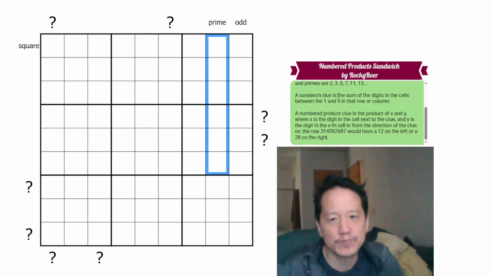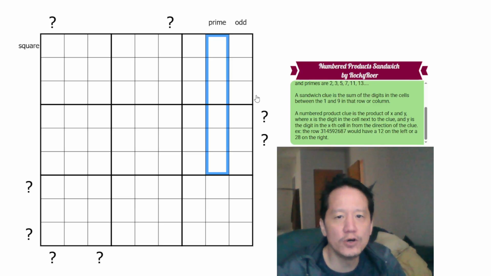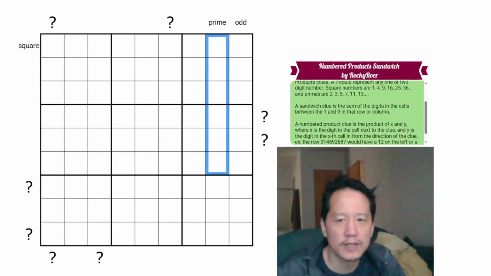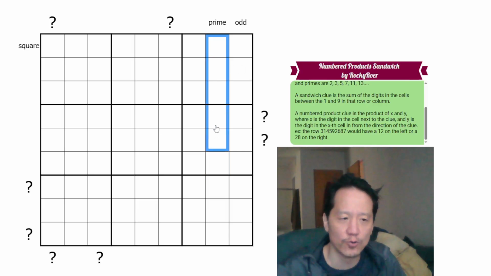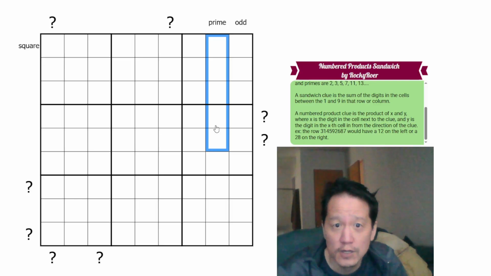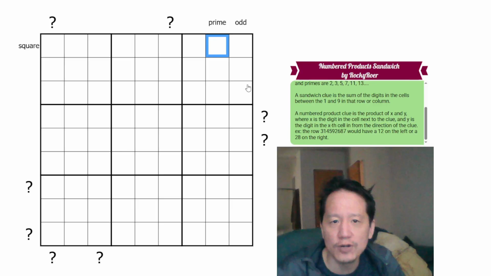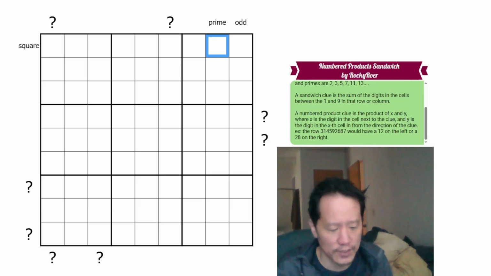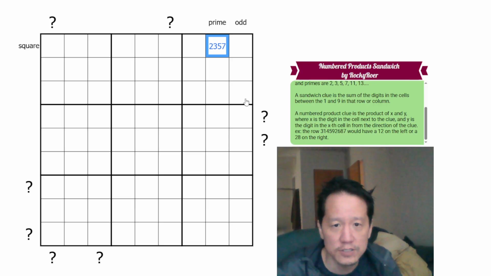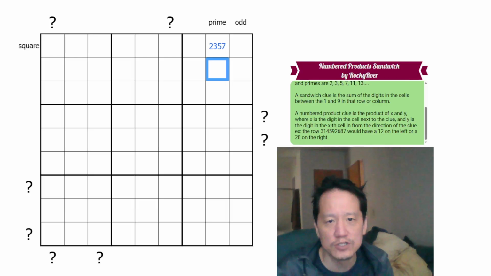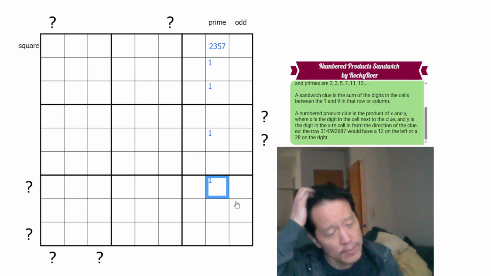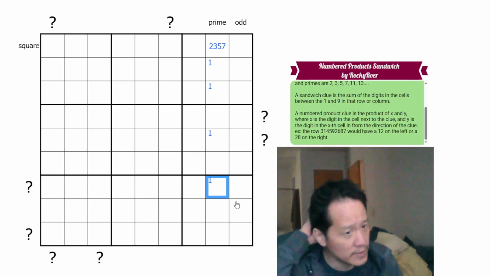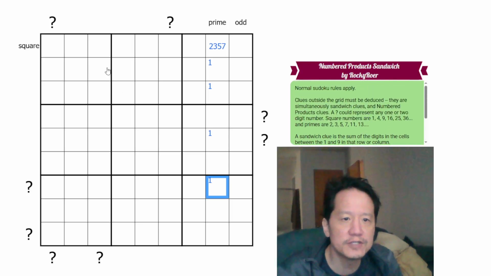Because it's prime, there's no other way to get a multiplication that would multiply to a prime number except for the prime number itself times 1. So that means this prime number has to be 2, 3, 5, or 7, because those are the only prime numbers that are digits. And the 1 has to be in one of those slots. So it's either here, here, here, or here as the 1, right? This is a square.